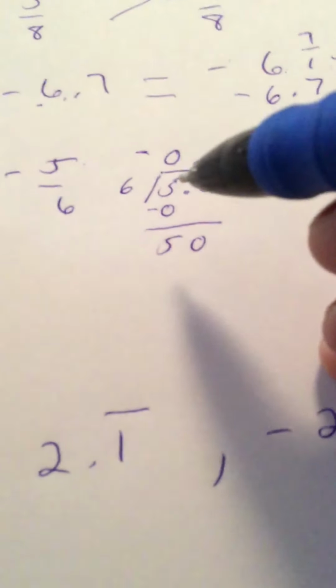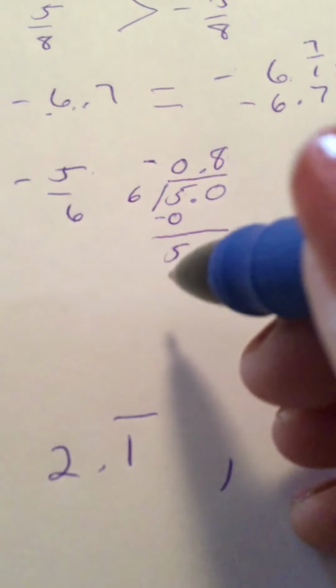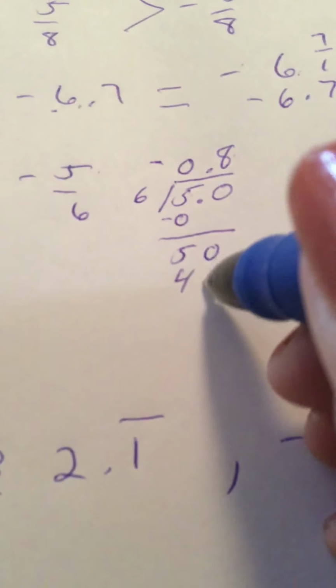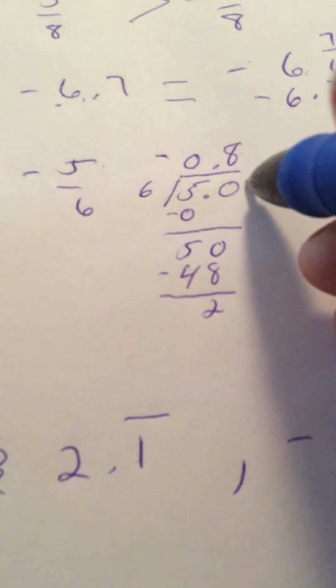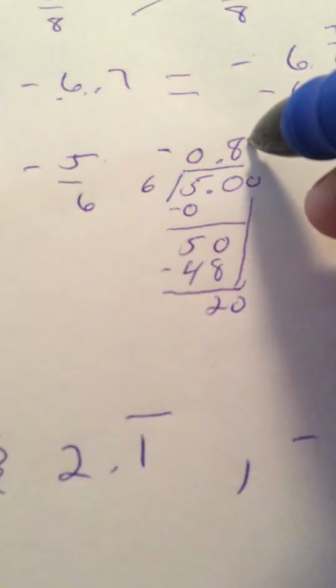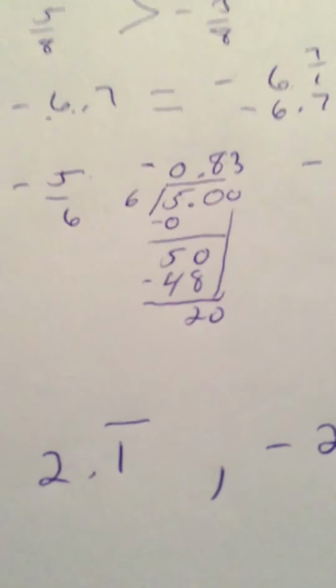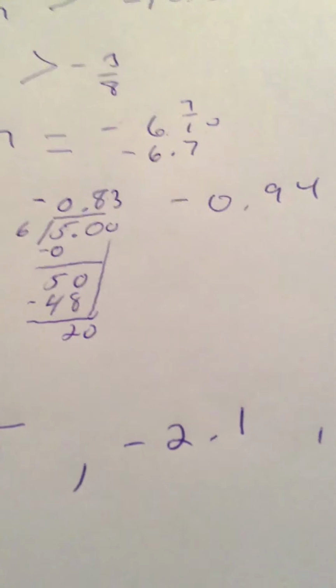So again, a lot of you people forgot that symbol the other day. 6 will go into 50, 8 times, 48. Subtract, it's a 2. I'll bring it down. Make that a 3. Dot 83 versus dot 94.